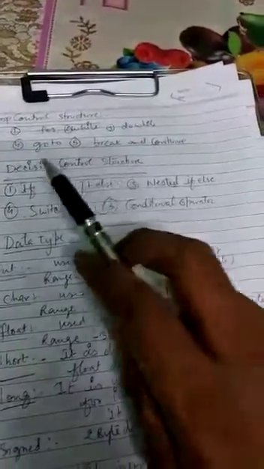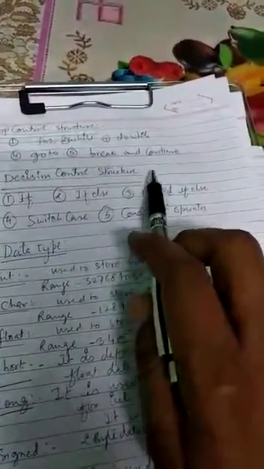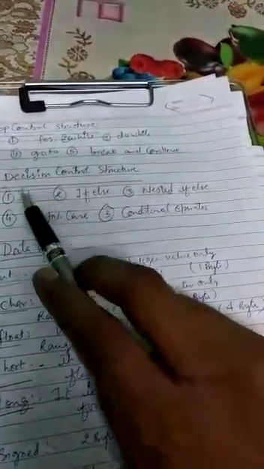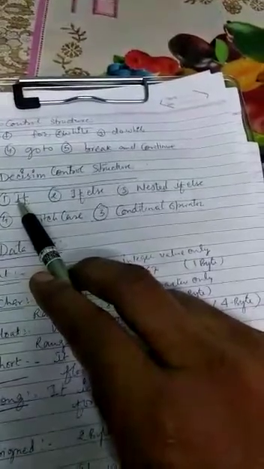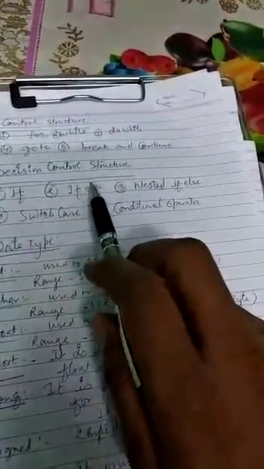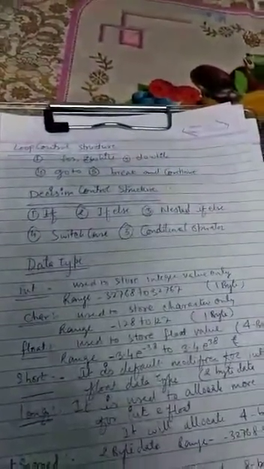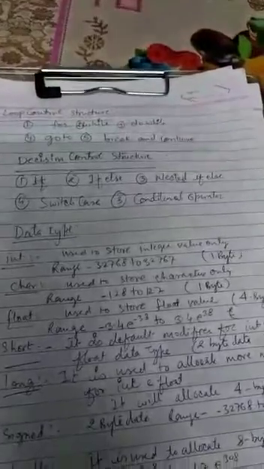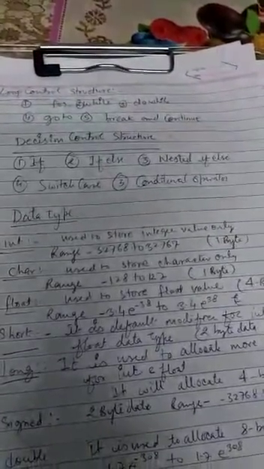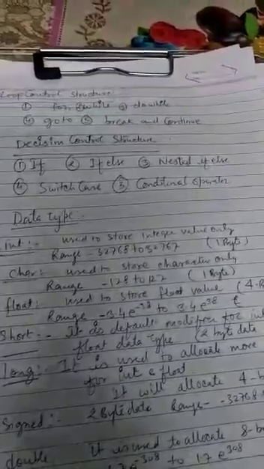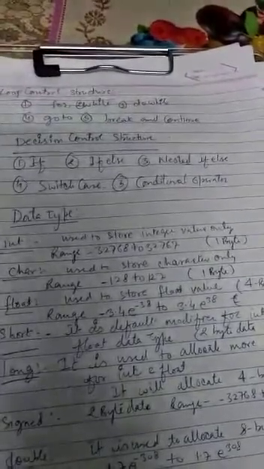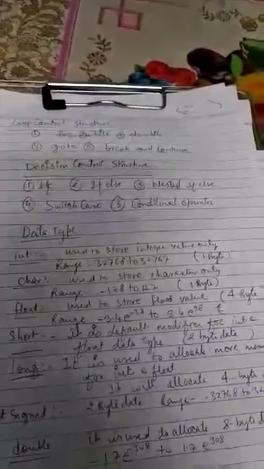We make programs with the help of if condition, if else condition, nested if else condition, switch cases, and conditional operators. All are decision control structures. We will take them one by one. First we learn how the if else condition is applied in a program.